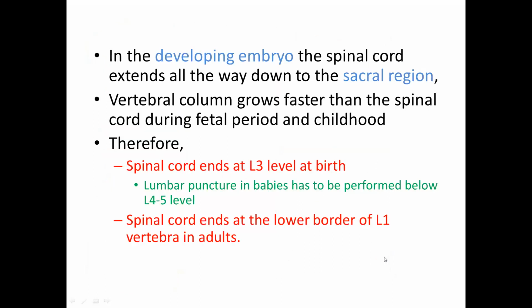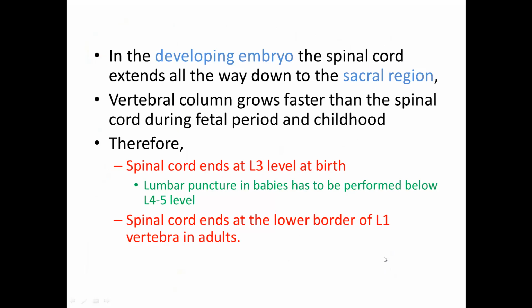Right. So as you probably know, in the developing embryo, the spinal cord actually extends all the way down to the sacral region, right? However, the vertebral column grows faster than the spinal cord during fetal development and during childhood, right?